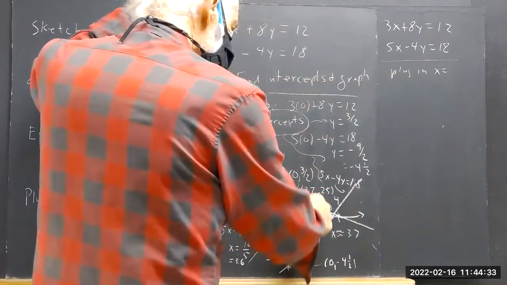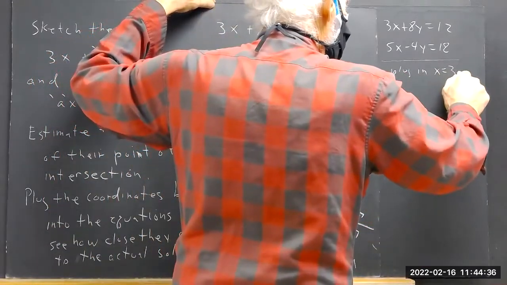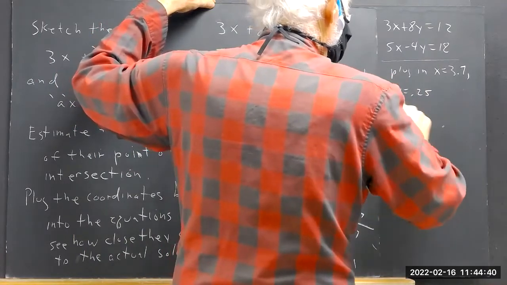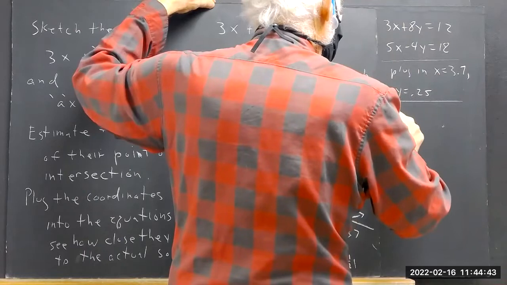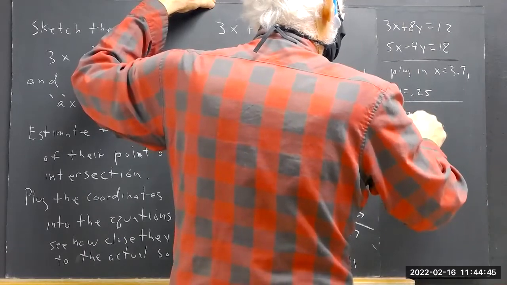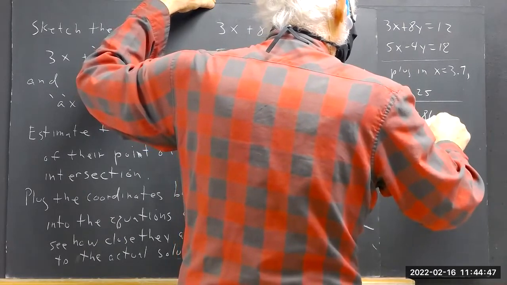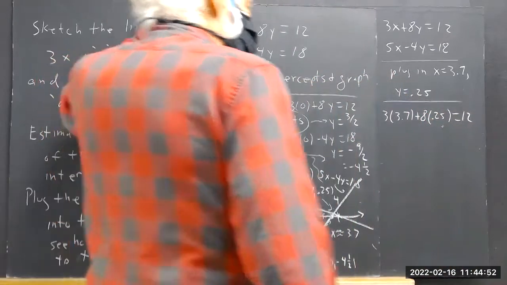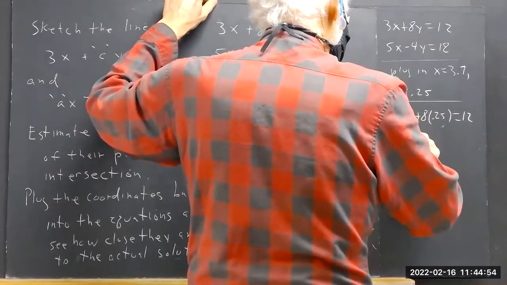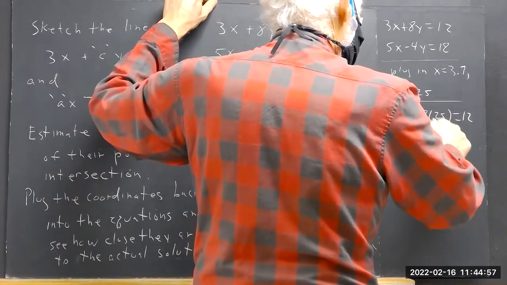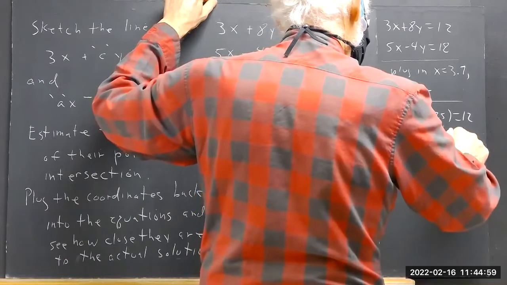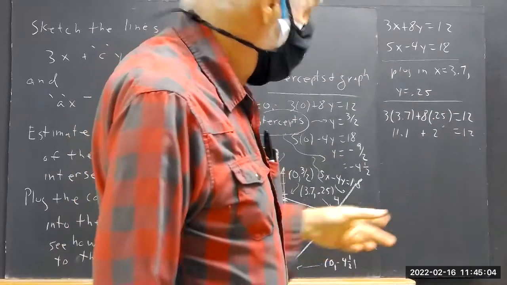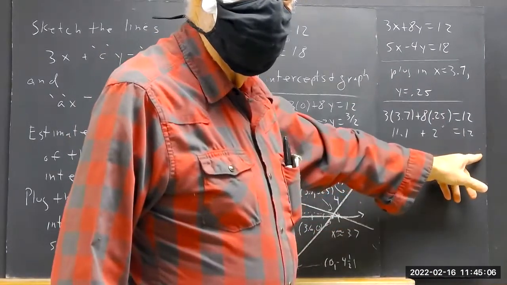Again, x equals 3.7, y equals 0.25. Equation, we get 3 times 3.7 plus 8 times 0.25 equals 12. Well, 3.7 times 3 is 11.1, and this is 2. So if I have the right point, this should equal this.